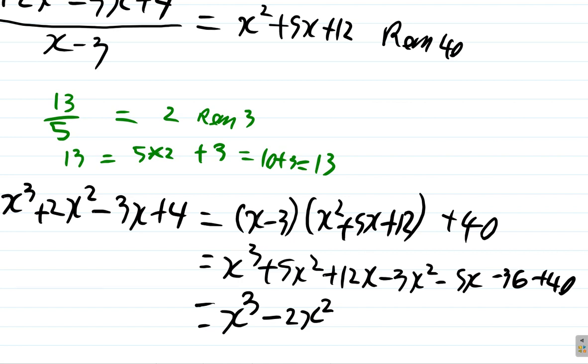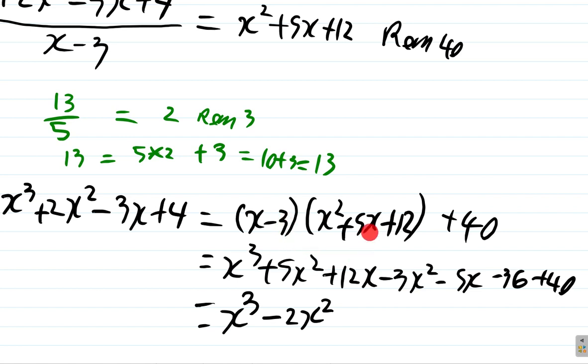Let me see something. Let's look at this multiplication again. X times x squared gives x cubed. X times 5x gives us 5x squared. X times 12 gives us 12x. Negative 3 times x squared gives us negative 3x squared. Negative 3 times 5x.